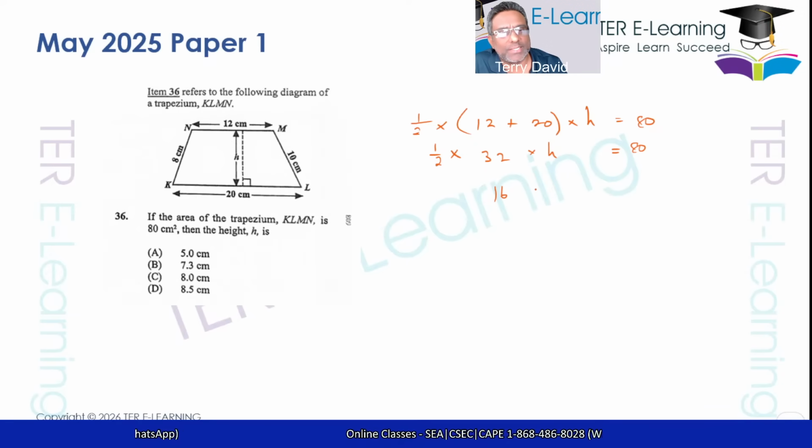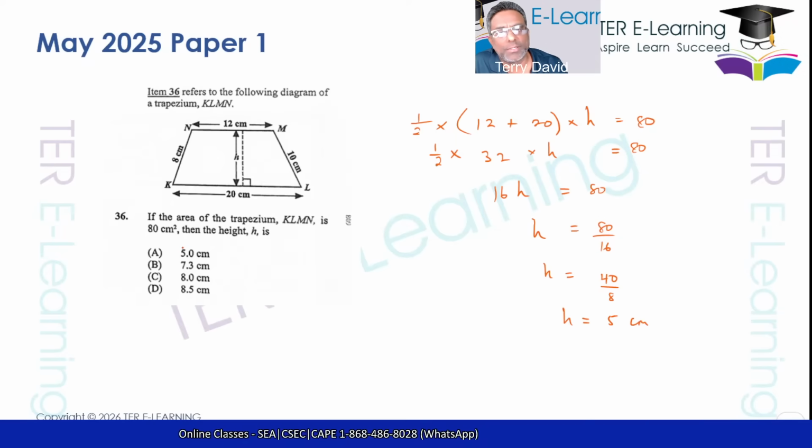So this is 16 h is equal to 80. So therefore h is 80 over 16. So you start reducing this here, this will be 40 over 8. So therefore h is 5. So the answer is A.